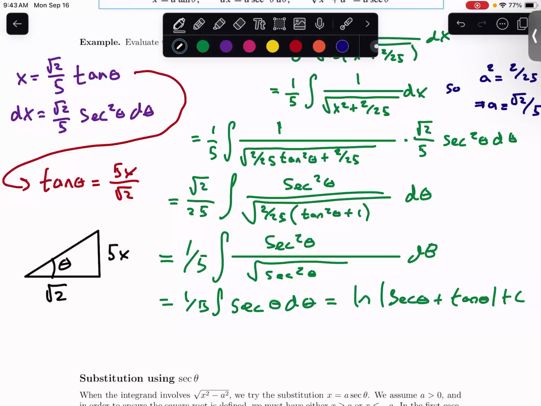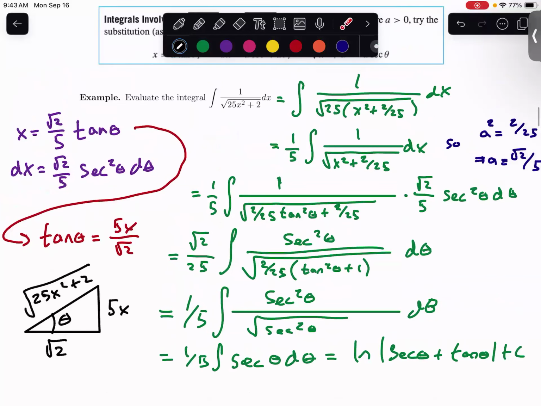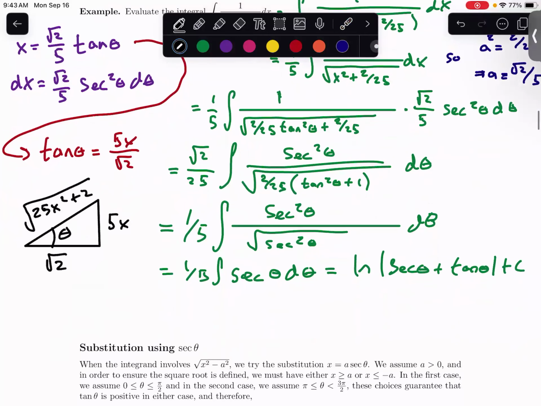And then by the Pythagorean theorem, the hypotenuse is going to be the square root of 5x squared plus 2 squared, so it's going to be the square root of 25x squared plus 2, which is exactly what we had originally within the integral. And so this implies that secant theta, this is going to be hypotenuse, so the square root of 25x squared plus 2, over the square root of 2. Just using the definition of secant as the reciprocal of cosine.